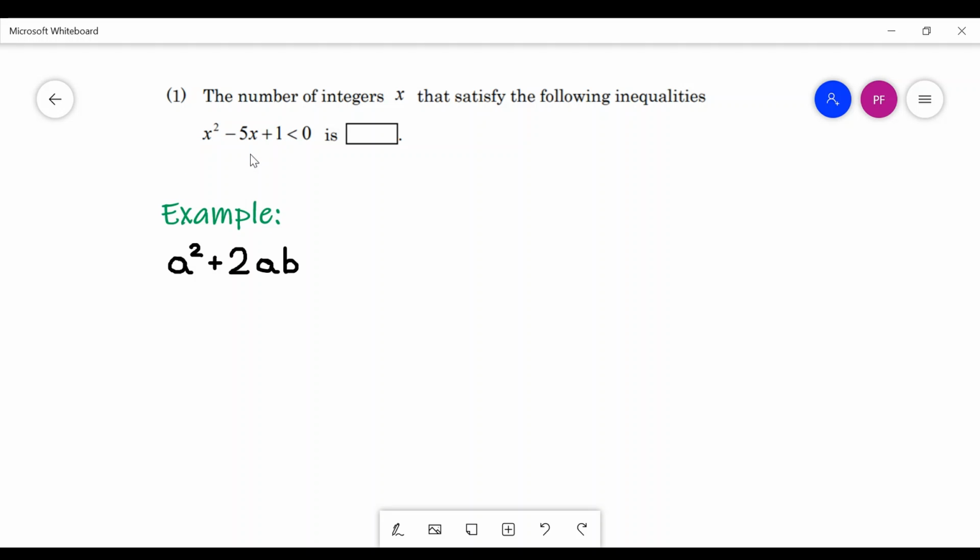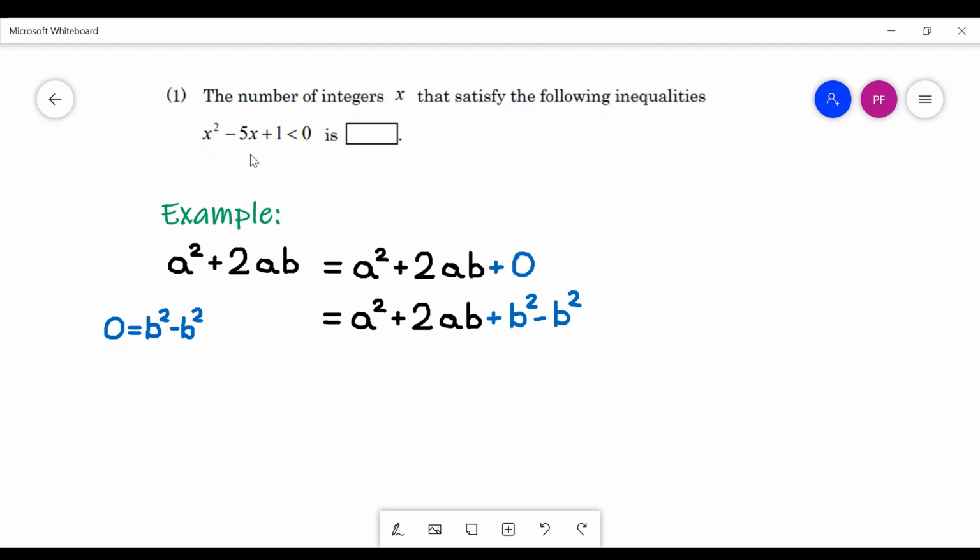a squared plus 2ab is a squared plus 2ab plus 0. It's logical, but 0 can also be written as b squared minus b squared, because b squared minus b squared is 0. Now, a squared plus 2ab plus 0 is equal to a squared plus 2ab plus b squared minus b squared.